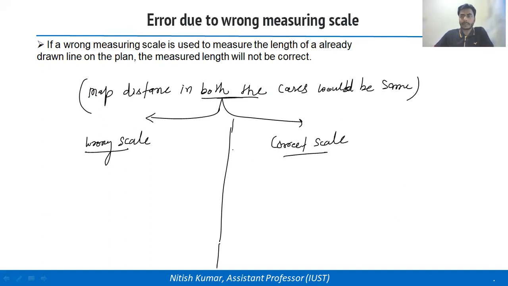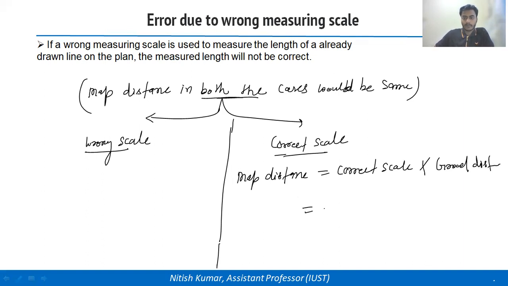So correct scale is the map distance divided by ground distance. So we can write here the map distance in this case will be equal to correct scale into ground distance, or also we can say correct scale into correct length.